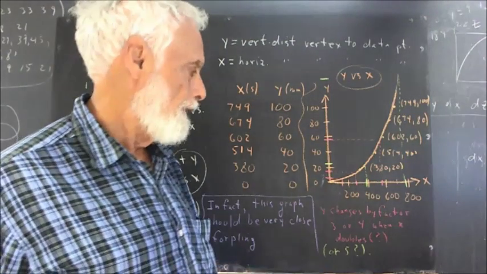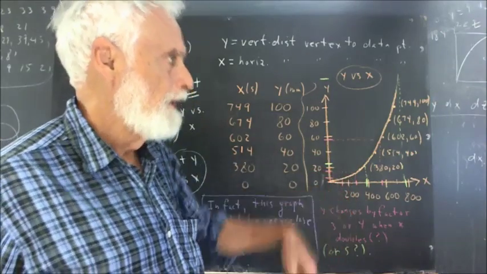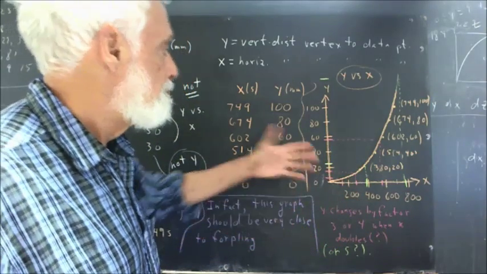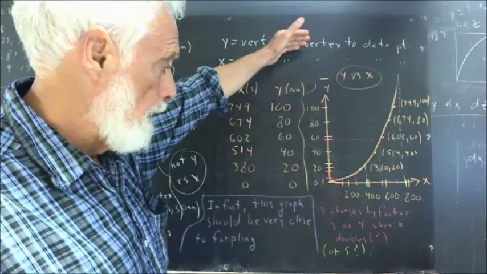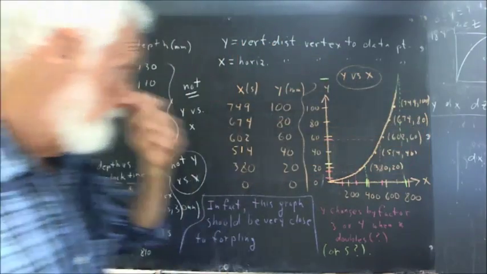Okay, so I would say that any number, 3, 4, or 5, would be a reasonable estimate of the factor by which y changes when x doubles.